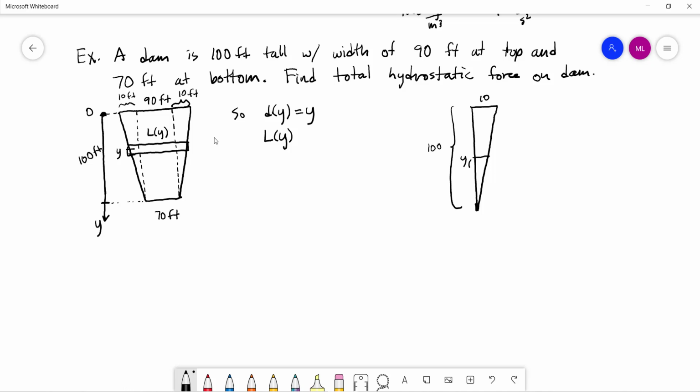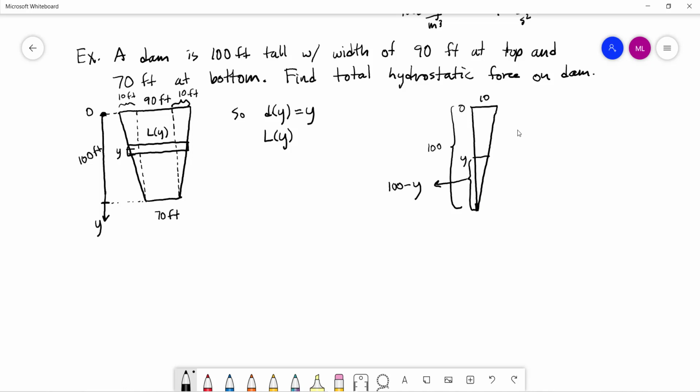So if I want to figure out this distance, that distance is going to be 100 minus y. Right, because the origin's at the top, so 0 down to y is measured, and what distance is left over? If the whole thing's 100 feet deep, this remaining distance must be 100 minus y.